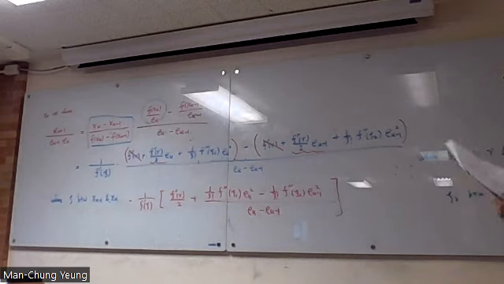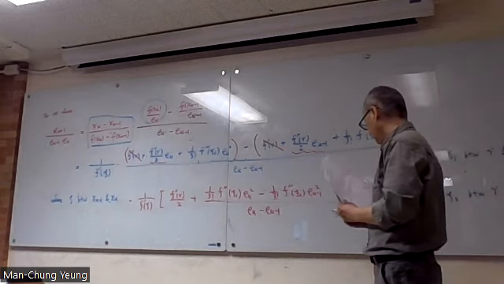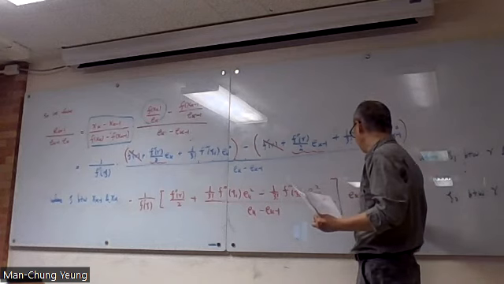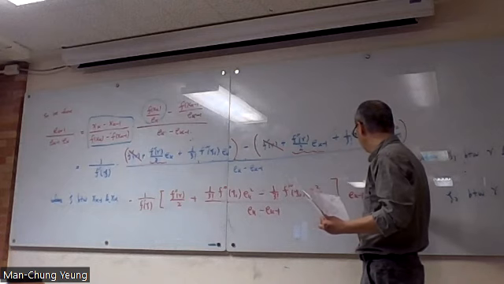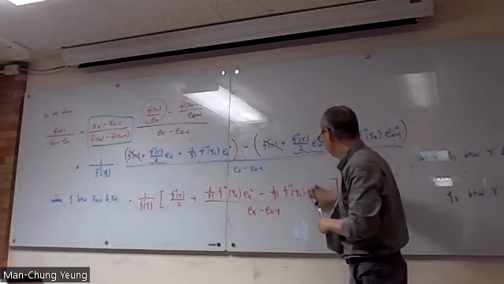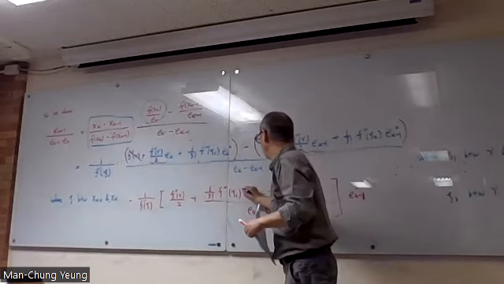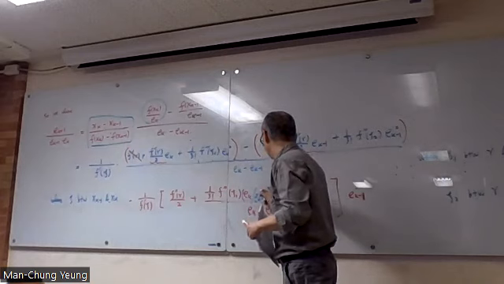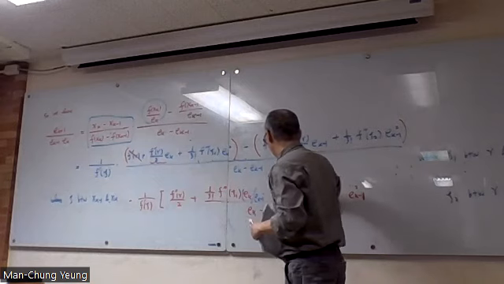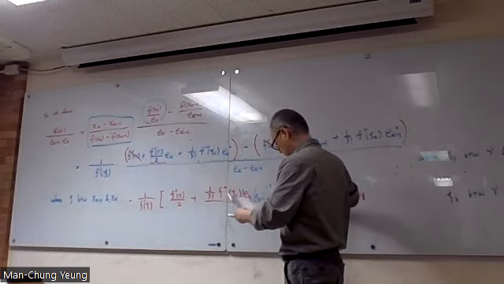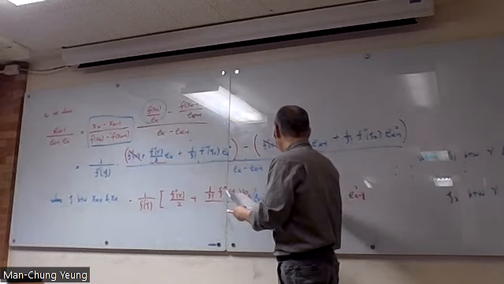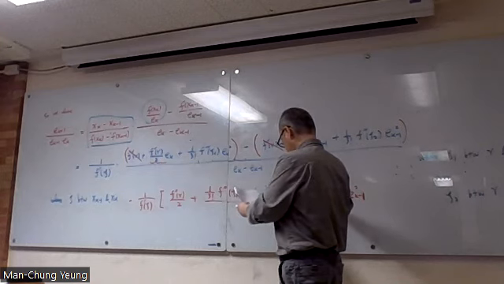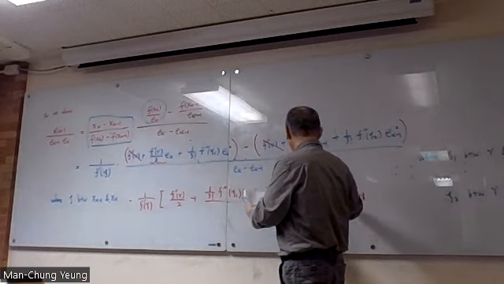Now, take out e_{k-1} squared from the top. Then this is over e_{k-1} squared minus 1 over 3 factorial f triple prime at xi_2.